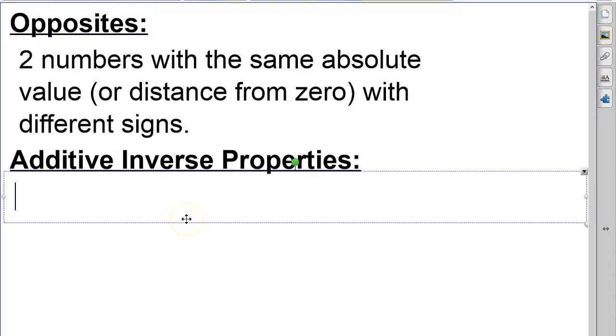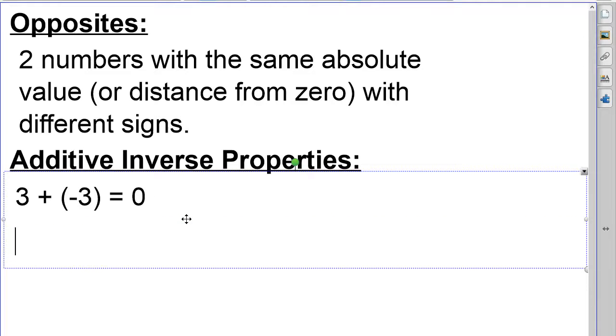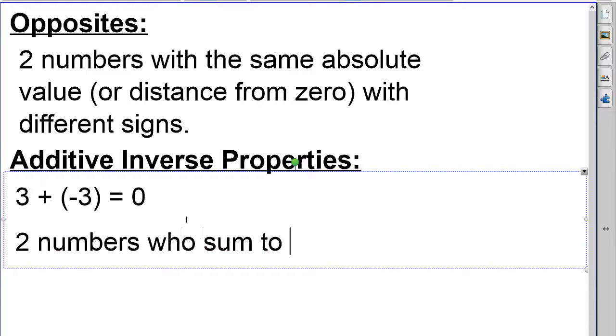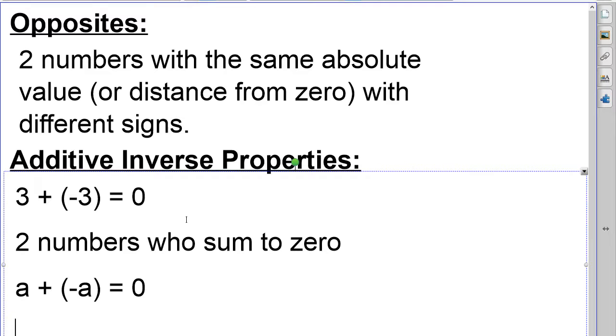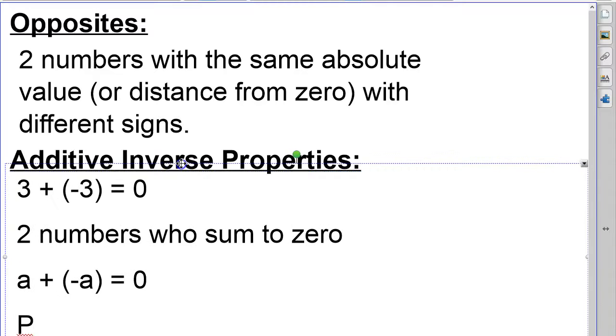And we talked about additive inverse properties. That was like 3 plus negative 3, which is 0. So the additive inverse is two numbers whose sum is 0. Another way to say it is a plus negative a equals 0. And opposites are additive inverses.